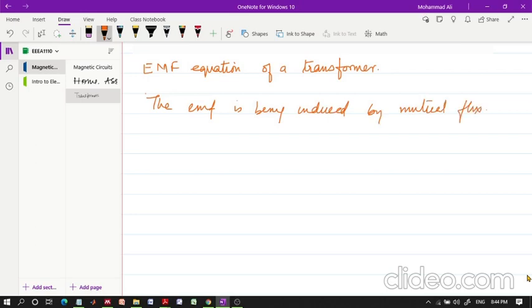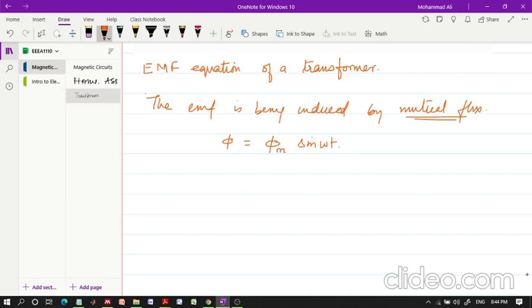And there was leakage flux also. That's why it was not an effective flux. So this is the effective flux that is linking the primary and the secondary. So let that flux be defined as, how can I define this flux? It will have a maximum value, phi m, and of course it will be sine of omega t. It will be a sinusoidal quantity, as we have discussed earlier.